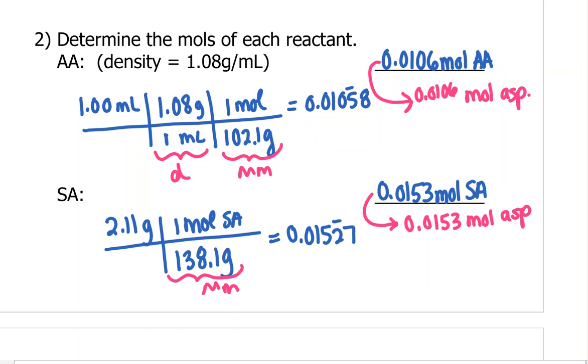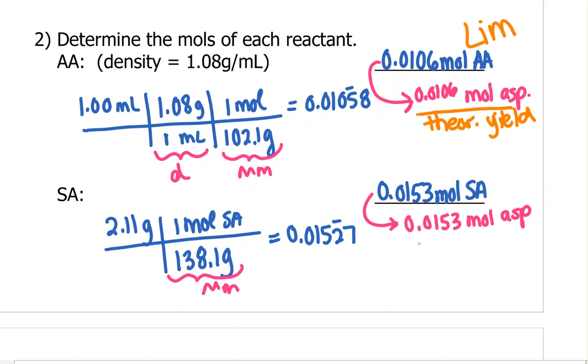Okay, so from that, what we normally do is we look at the one that makes the least product or predicts the least product. And we see that this one, the acetic anhydride, must be the limiting. And this is going to be our theoretical yield in moles.